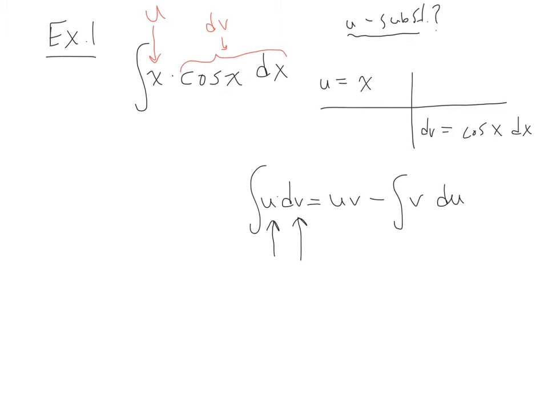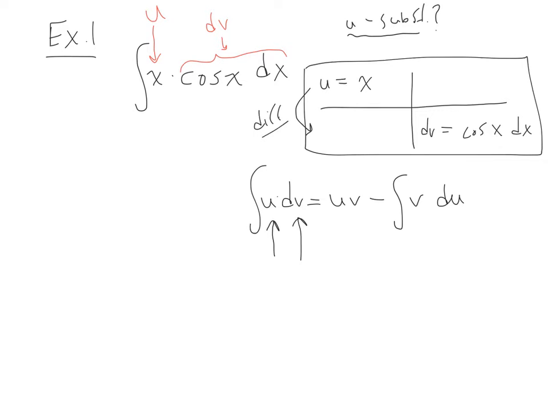And then the way this little chart works, you can put a box around it if you want, but you don't have to, is that when you're going from top to bottom, you're differentiating, or taking the derivative. And when you're going from bottom to top, you're integrating, or doing anti-differentiation.